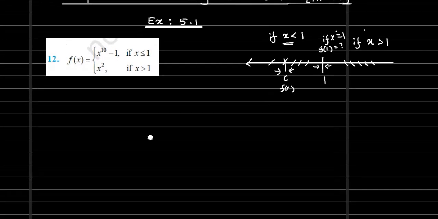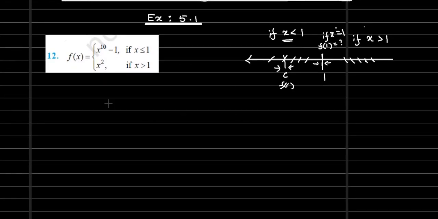Now in case 1, any order is fine, but I'm going to take x equal to 1 first, and check whether the function is continuous or not. So if x is exactly 1, this is case 1. Exactly 1 means we must check f of 1.